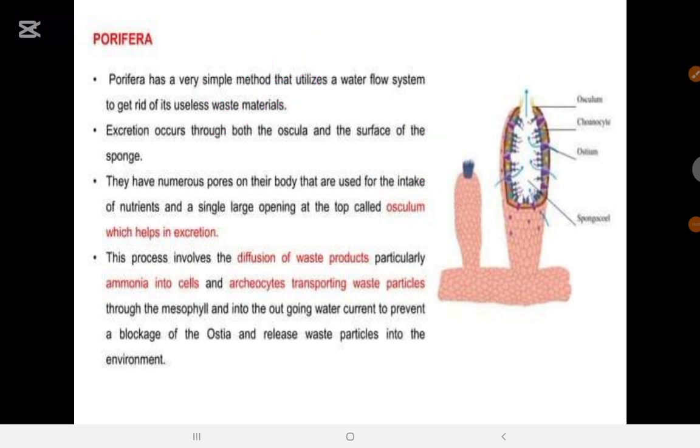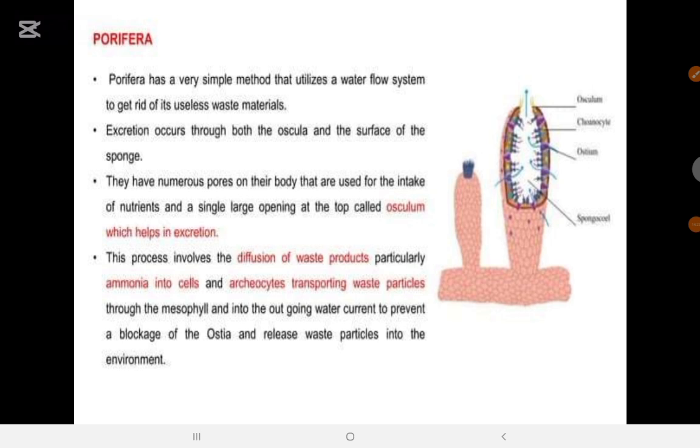So now, it will bring in oxygen and food from that water, isn't it? And it's going to carry out its waste. Now, the waste product is majorly water and carbon dioxide and ammonia, like what we saw in the amoeba.